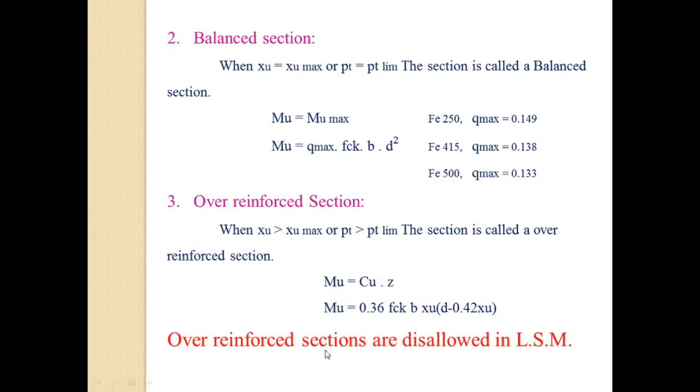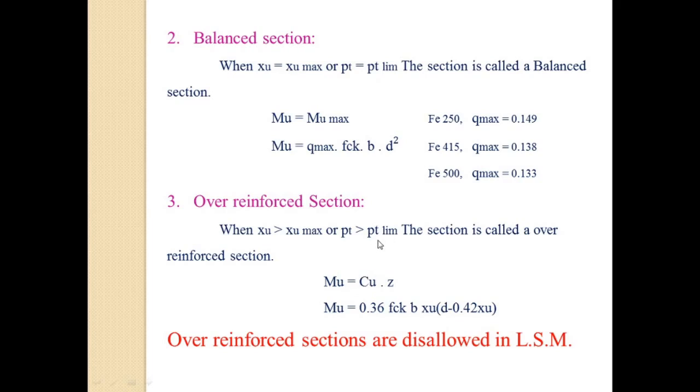But over reinforced sections are disallowed in the limit state method. So why do we avoid over reinforced sections? Because in an over reinforced section the percentage of steel is more than the critical percentage. Due to this, the concrete crushes and reaches its ultimate stress before the steel reaches its yield point.